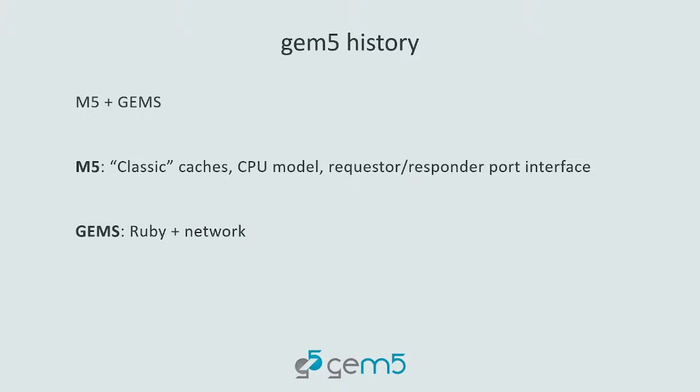So today we're going to be talking about those components that came from GEMS into gem5. So one thing you'll notice is that GEMS isn't exactly the same as the rest of what we've been working with, and there are some things that look kind of weird, and definitely some weird coding styles that you'll see.